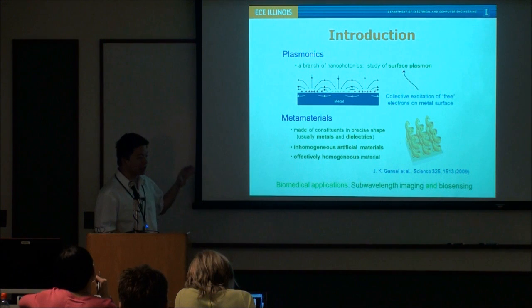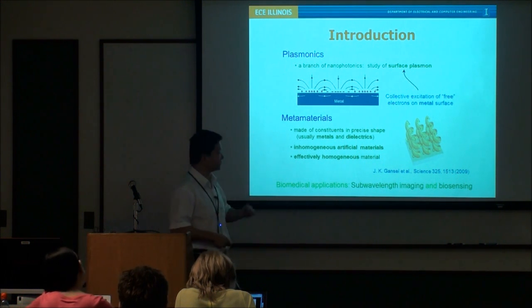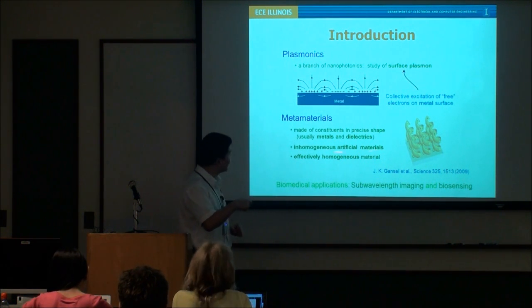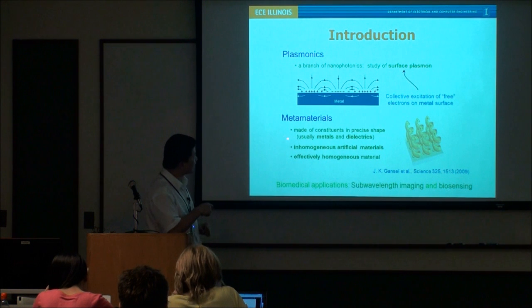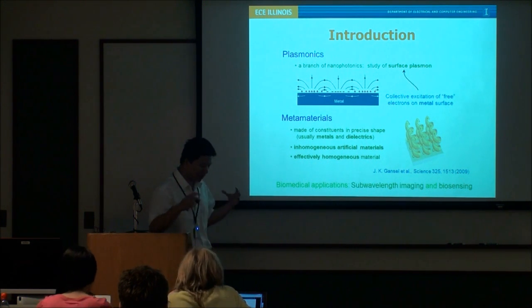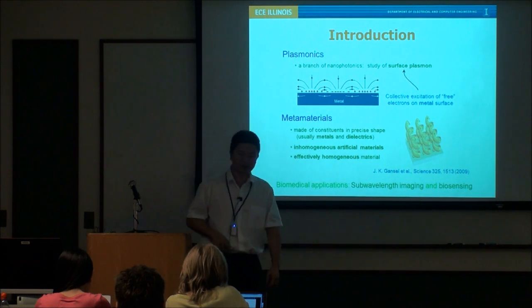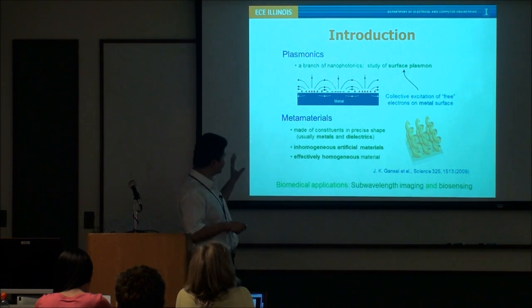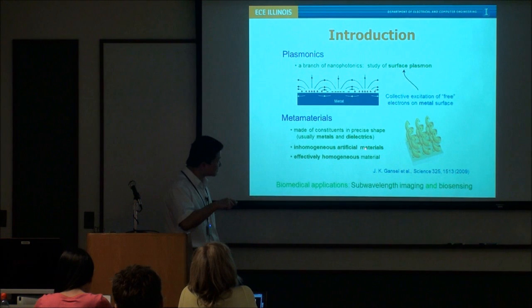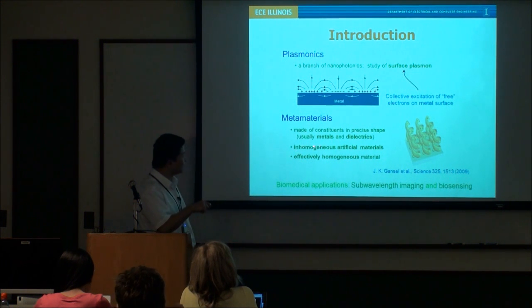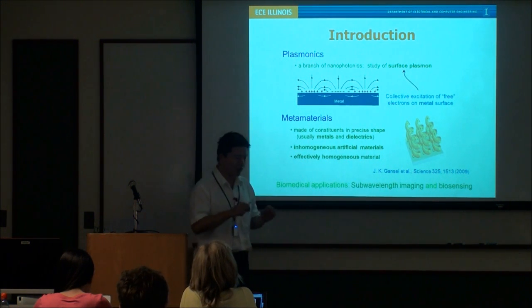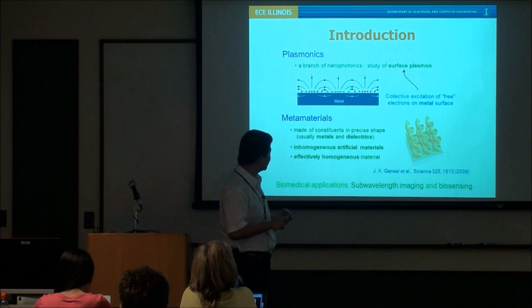It's really something that you create by engineering methods. Typically the metamaterial we're talking about is a composite structure made of metals and dielectrics. So this is not a homogeneous material. Basically, it's an inhomogeneous artificial material made of metal and dielectric materials.